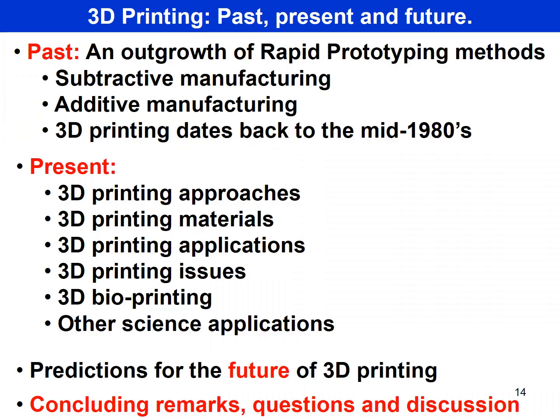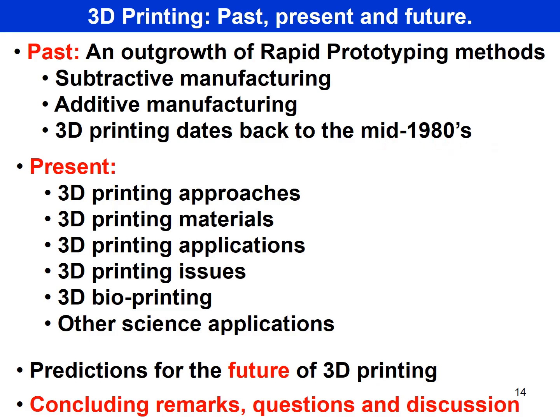So to look at 3D printing in terms of its past, its present, and its potential future, I should add, this is an outgrowth of rapid prototyping methods, where we started with subtractive manufacturing, as I mentioned before, the traditional way of doing things, then additive manufacturing, and 3D printing really dates back to the mid-1980s.